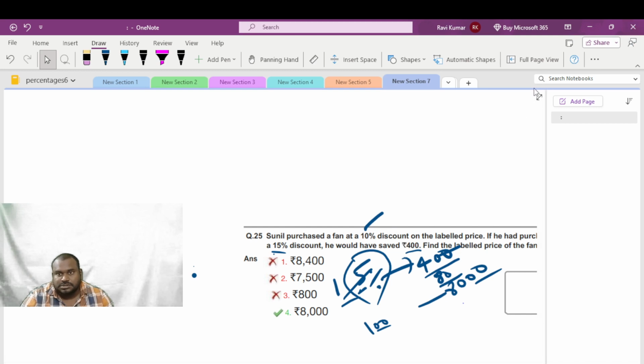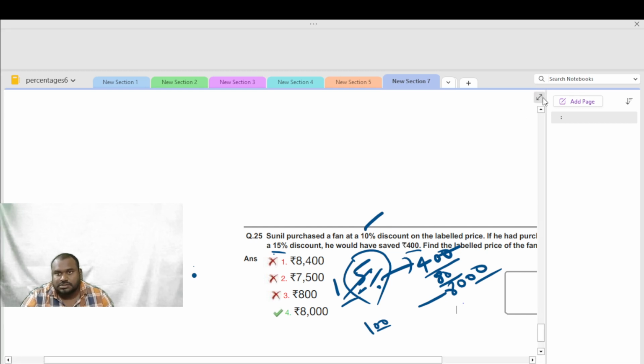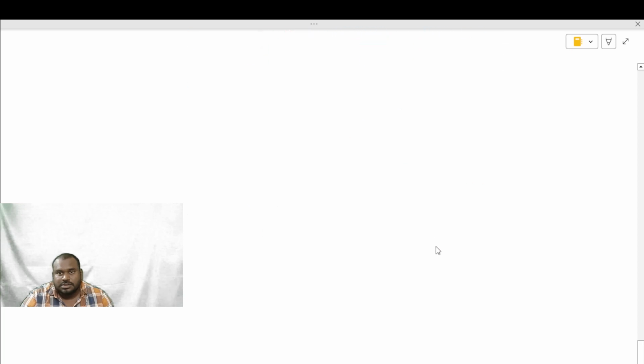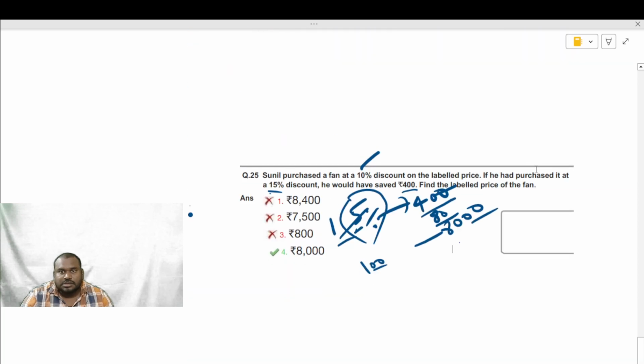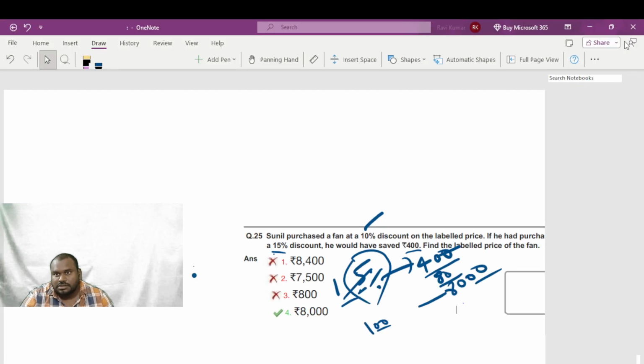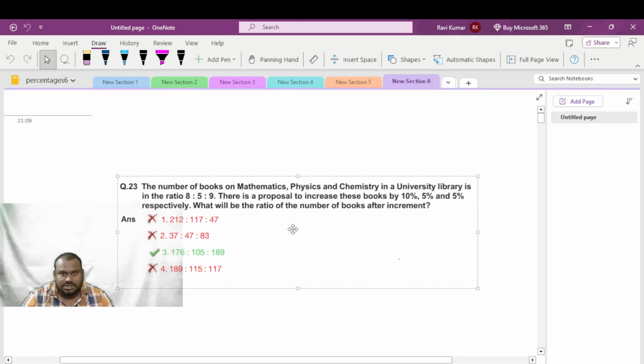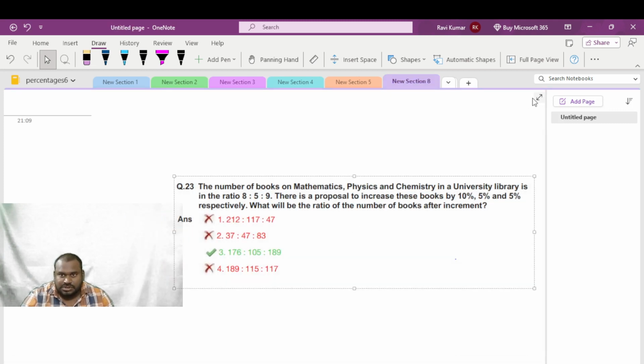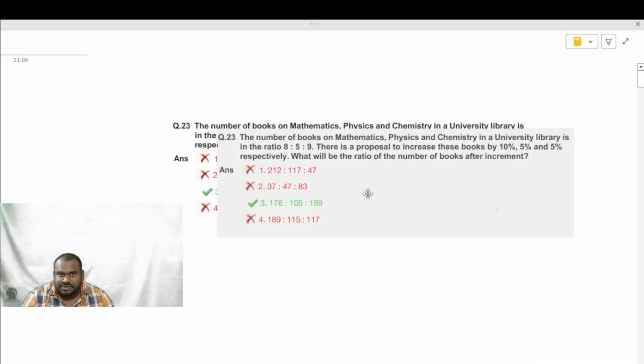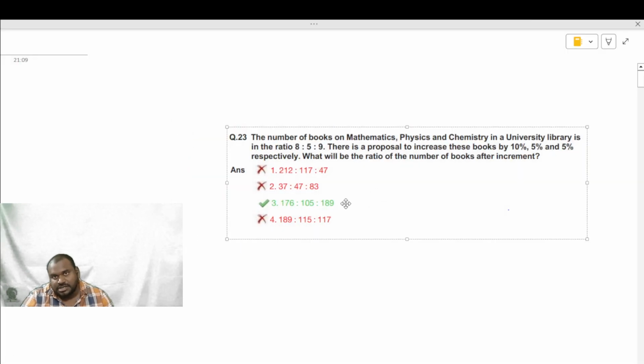Next question. Percentage is the most important concept, because if you are good at percentages, you can solve many other questions like profit and loss questions, discount questions, and it will be useful in many other topics also.